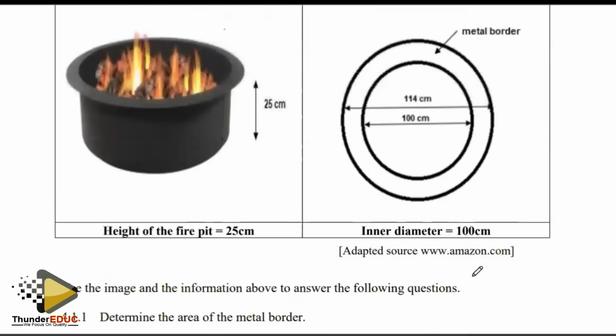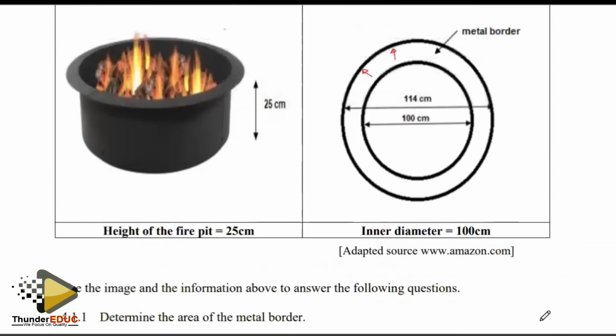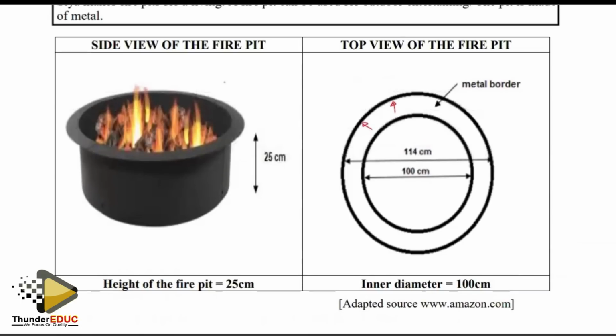It's so simple. What we're going to do is look for what we call the shaded part, so the bigger circle minus the smaller circle. Number 1, we have to look for the radius, because we're going to find the area of the bigger circle.